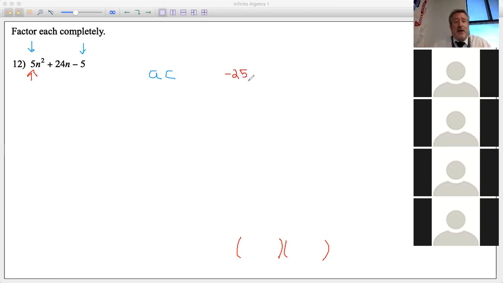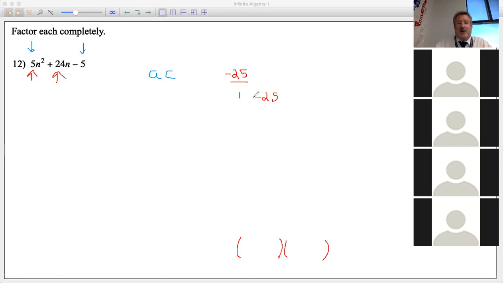Second step, we're thinking of two numbers that multiply to -25 that add up to +24. Let's see. 1 times 25 is 25, but we need -25. So 1 times -25 is -25. If you add those, we get -24. Well, that's close. I want it to be a +24.